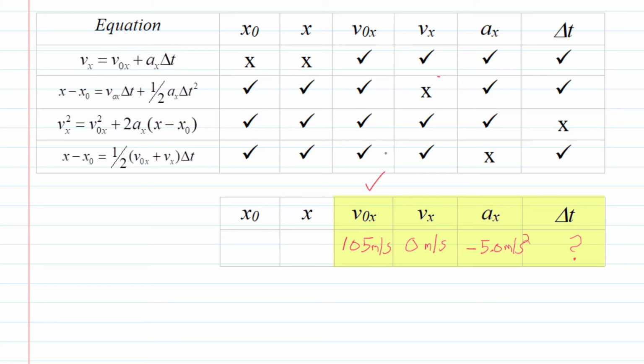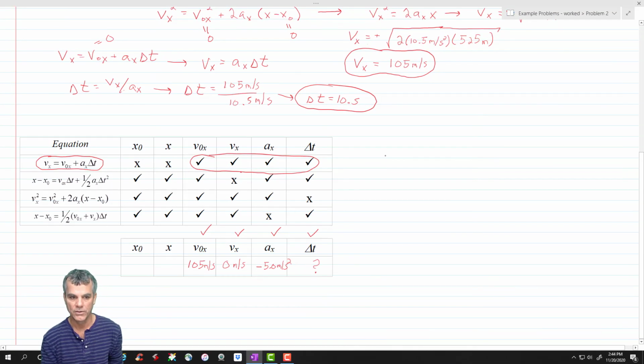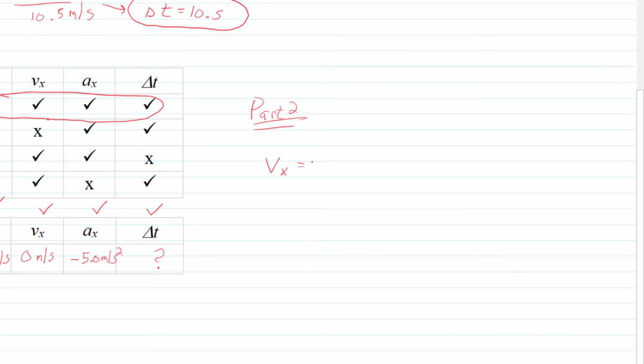So I've got V naught x, Vx, Ax, and I'm looking for delta t. The one equation that has our unknown quantity plus known quantities is Vx equals V naught x plus Ax t.